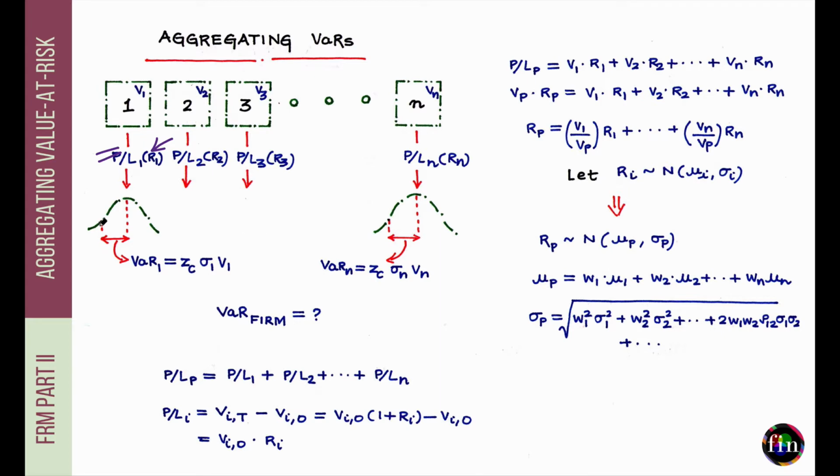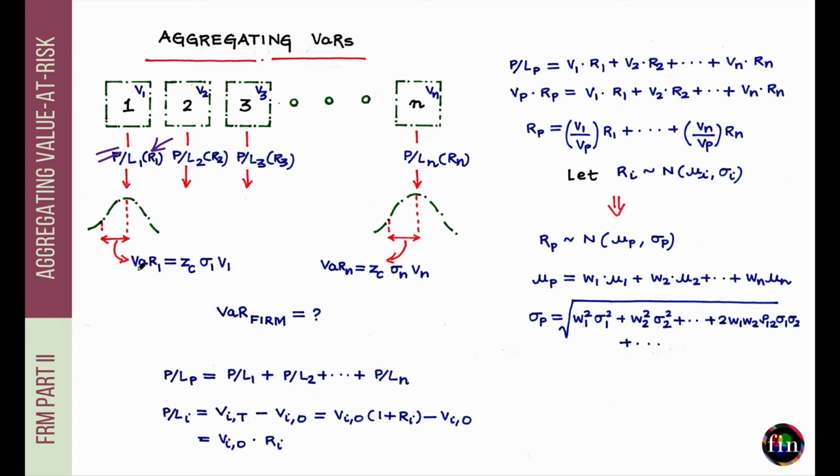The first assumption is that the individual VaRs being estimated by each of these divisions are relative VaRs, that is, relative to where each of these divisions expect themselves to be at the end of the horizon which has been chosen for these VaRs. That is what we call relative VaR.